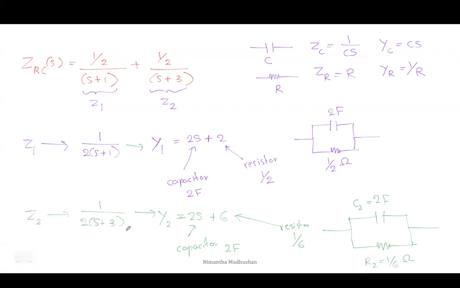We can rename this as C1 and R1. Now the final circuit will be the combination of these two parts, connected in series because of the plus mark.